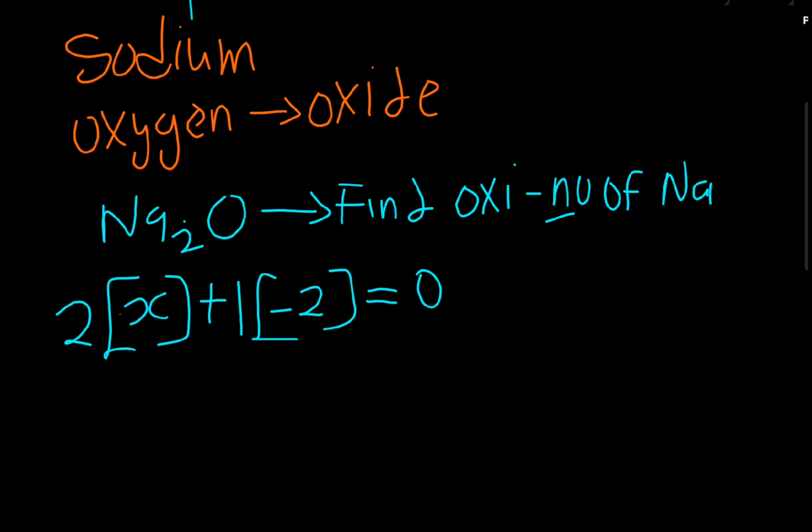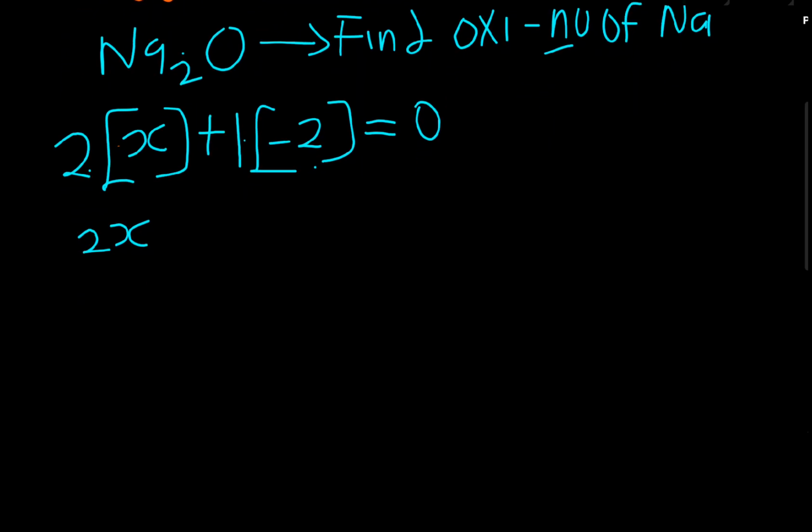And next we'll open our brackets by multiplying 2 times X. We'll also do the same thing: 1 plus 1 times -2. So 2 times X is 2X plus 1 times -2, you'd arrive at 2X minus 2 equals 0.